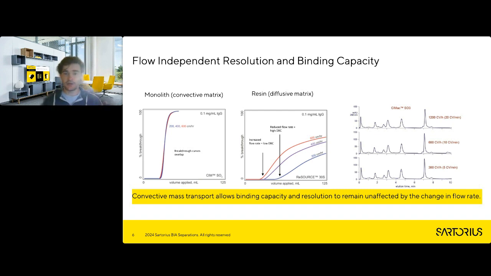With the porous particle column, the faster we ran the column, the lower the binding capacity was. So convective mass transfer allows binding capacity and resolution to remain unaffected by the change in the flow rate.